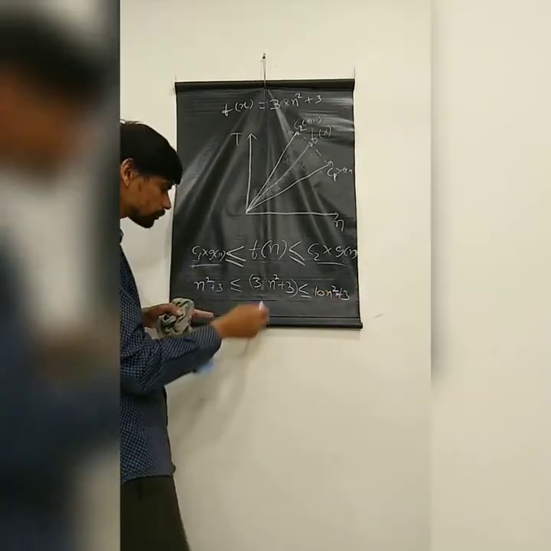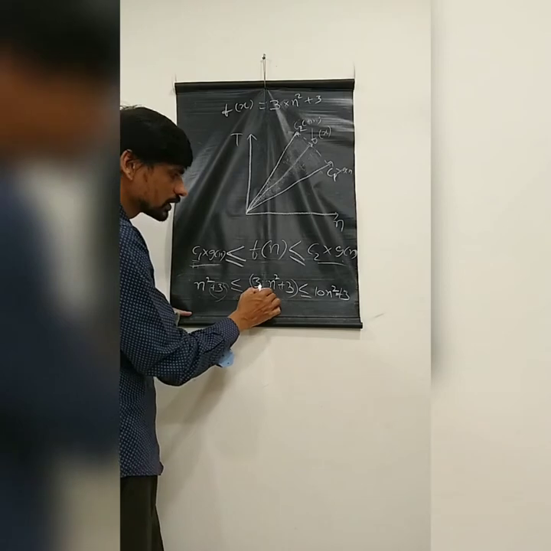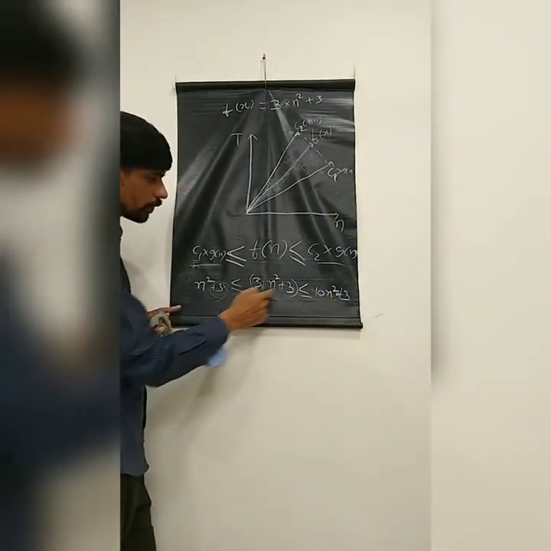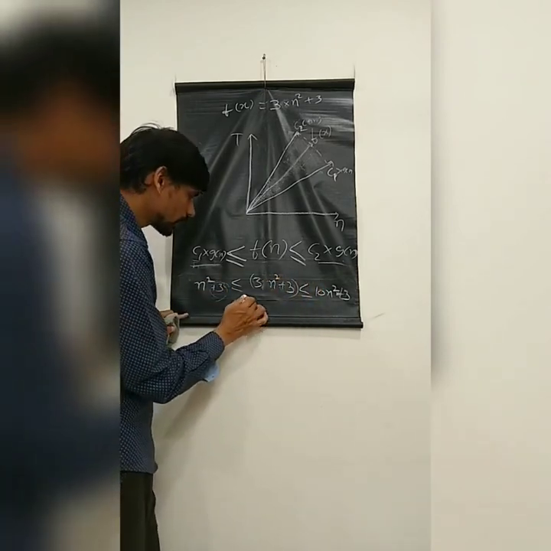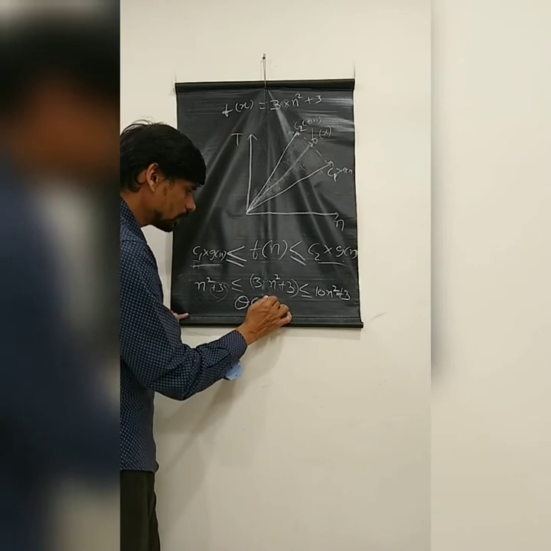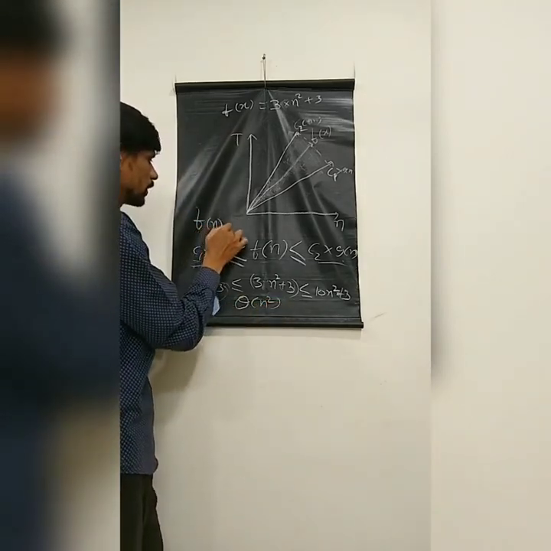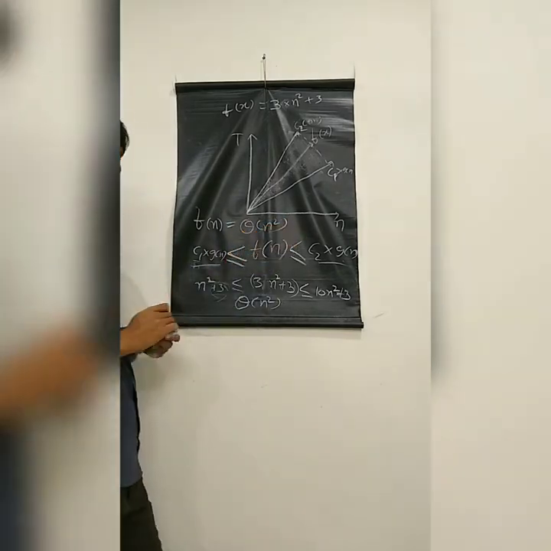Here we can eliminate these constant values. What is the highest degree of our n here? 2, right? So we can say our theta is n square. So my f of n equals theta of n square.